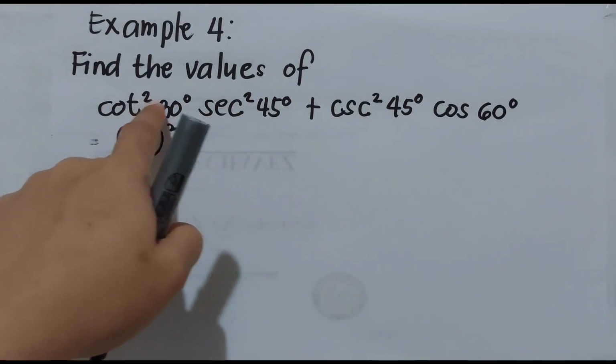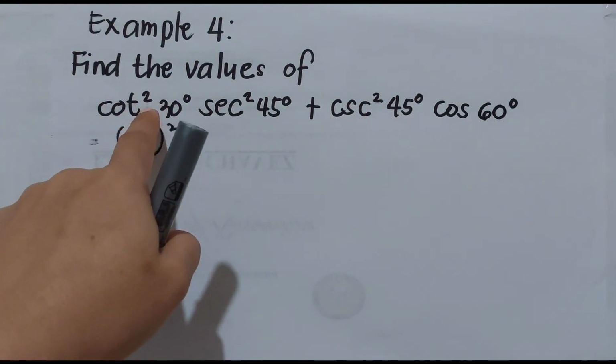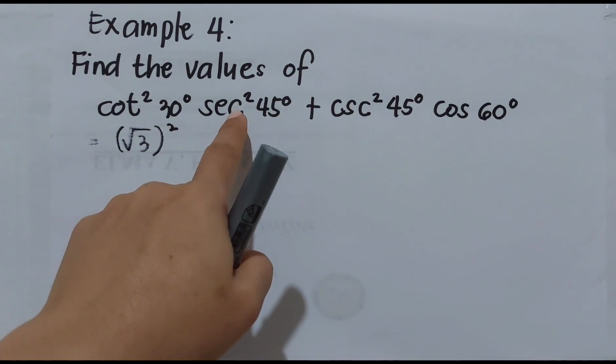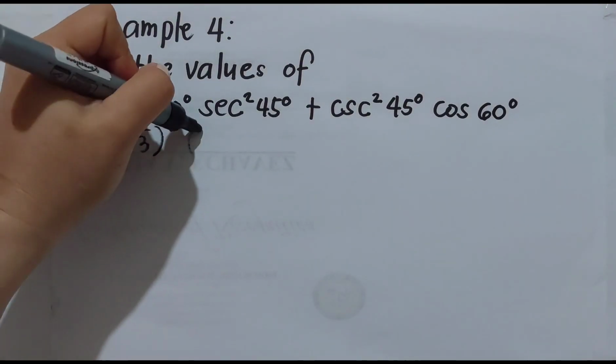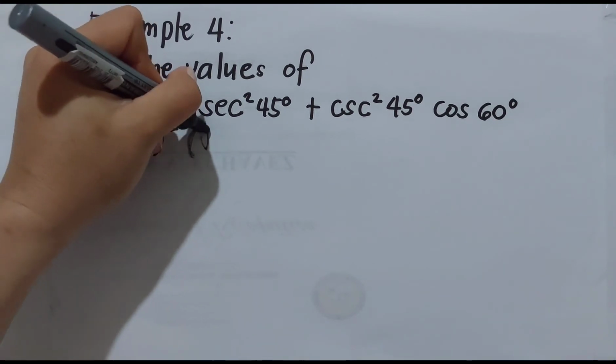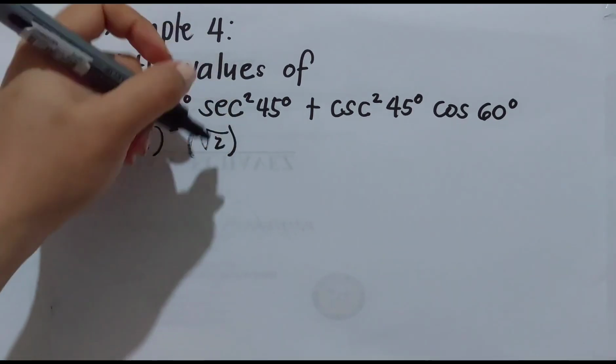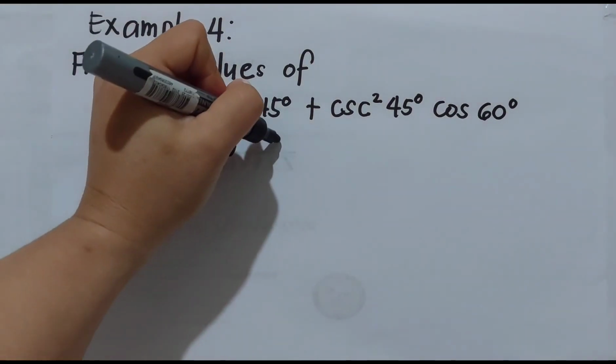Tupad ba ng duha, meaning times ni ang value sa cotangent 30 times the value of secant 45 degrees. So, pila man na si secant 45 degrees, that is square root of 2. So, that is square root of 2. Na may siya square, so i-square sa nato.